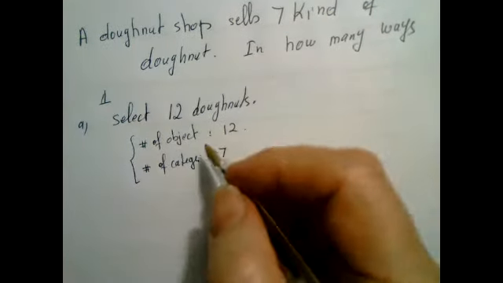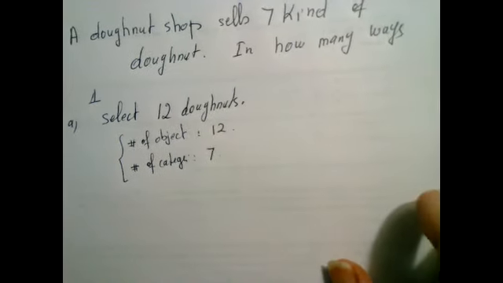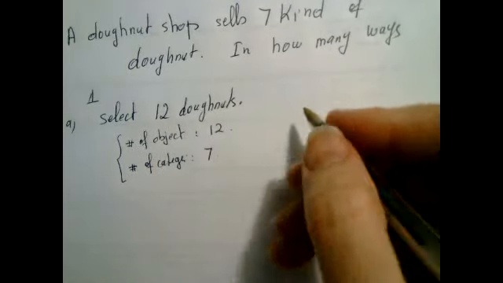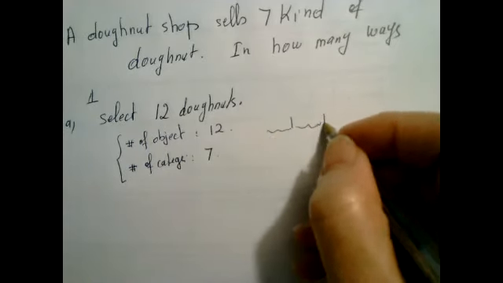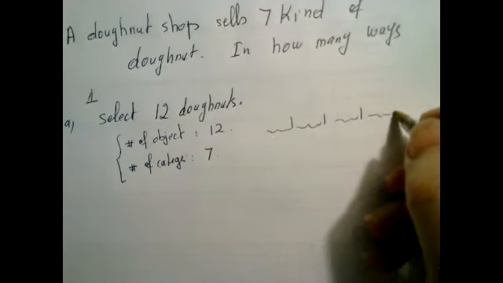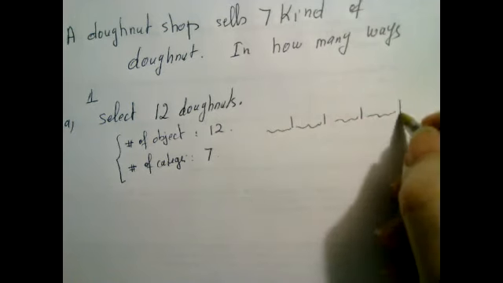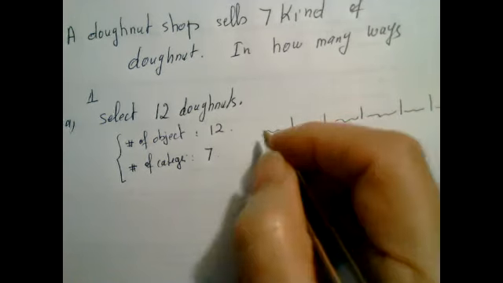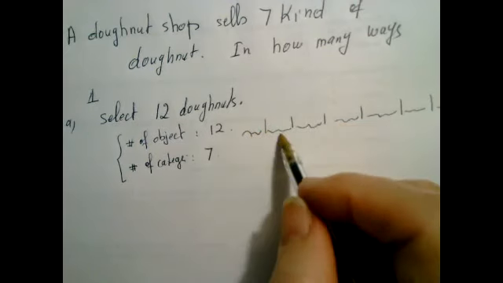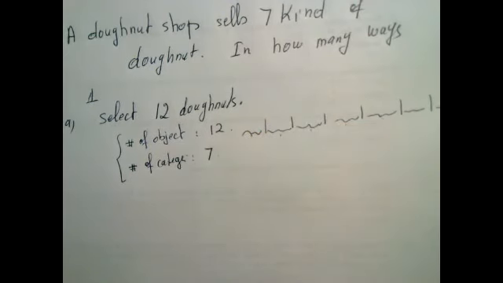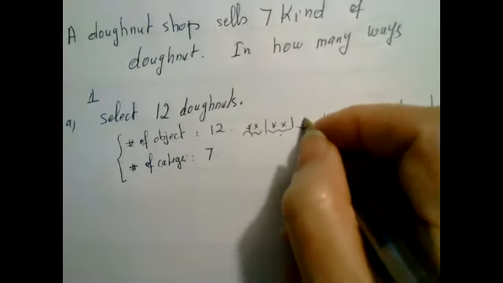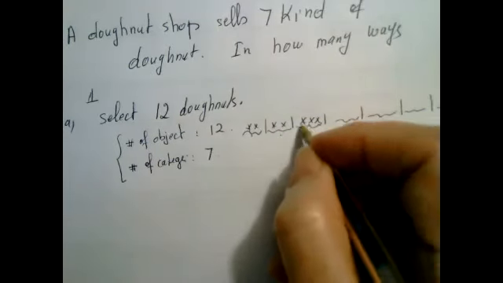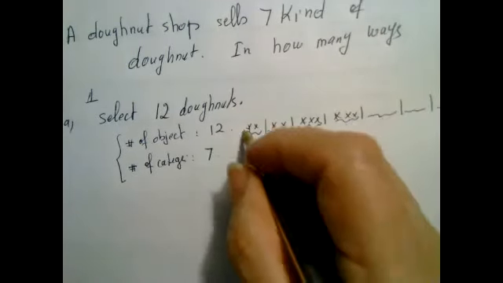If you ever forget the formula, which is fine because I personally forget it, you start thinking. I have one category, I have another one, 1, 2, 3, 4, 5, 6, 7. These are the categories, and here I have 12. These are my stars. That's how I can pick them.